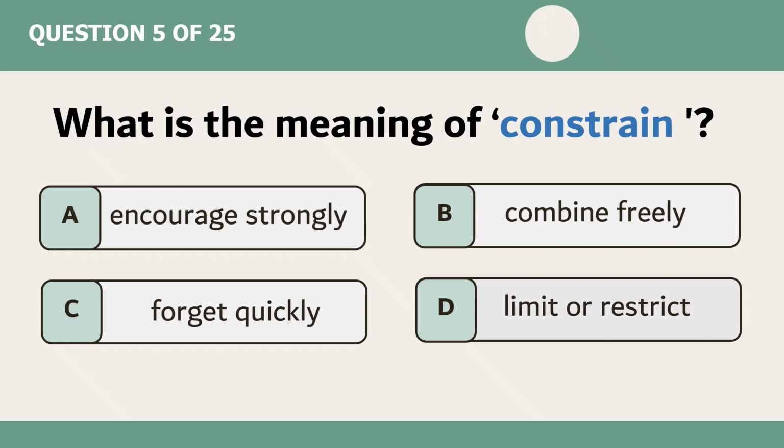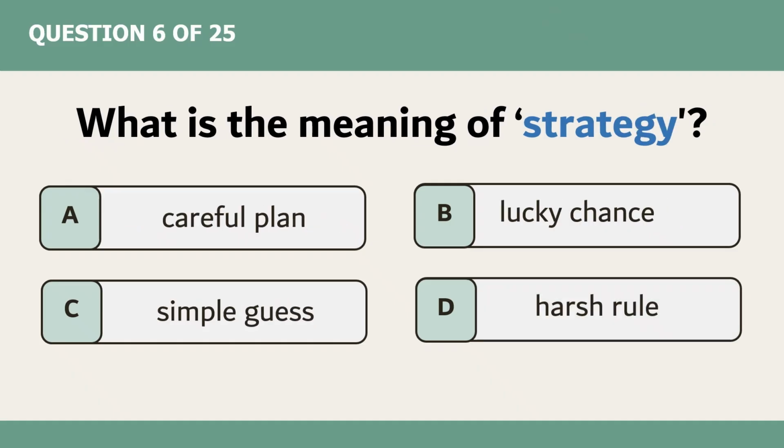The correct option is D. Limit or restrict. Question 6. What is the meaning of strategy? The correct option is A. Careful plan.